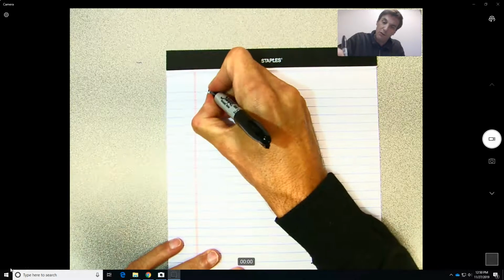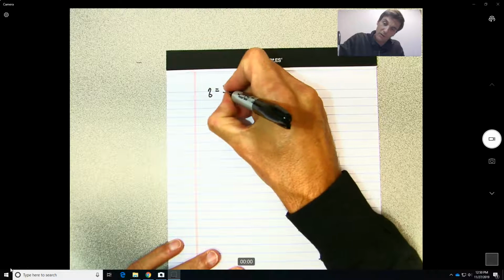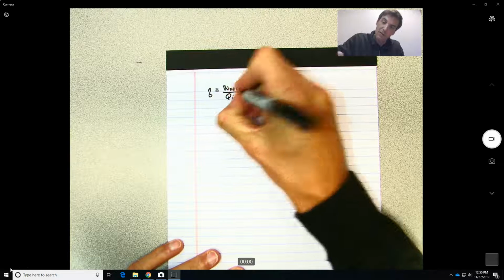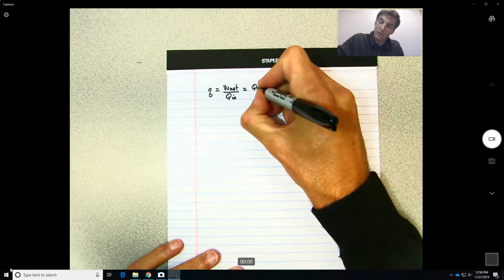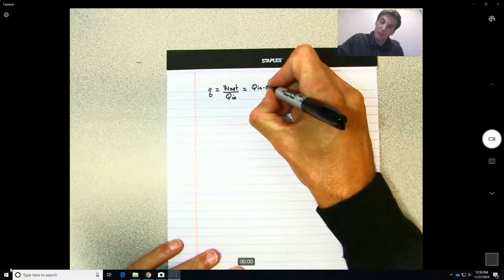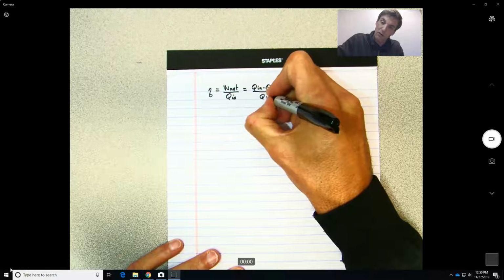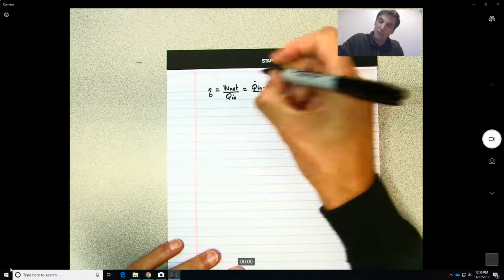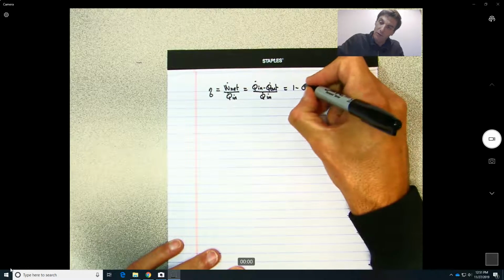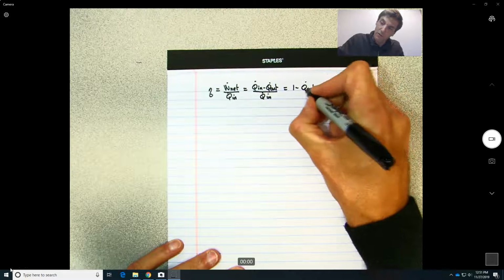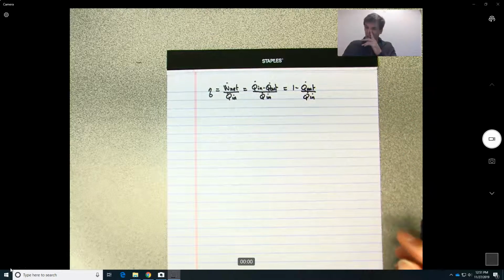By definition, the efficiency is also the net work over Q in, but really this would be equal to Q in minus Q out, divided by Q in. All these are heat transfer or power, it is the same. So at the end we get 1 minus Q out over Q in.